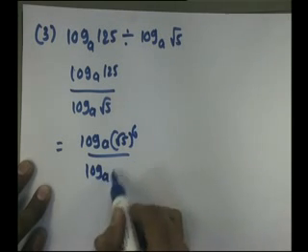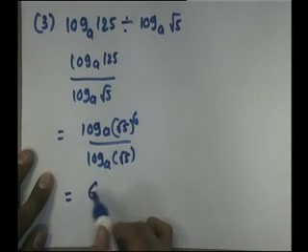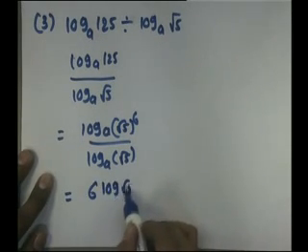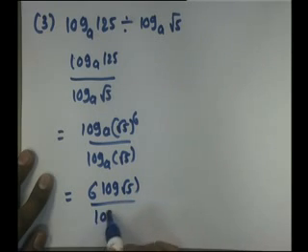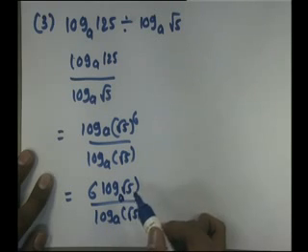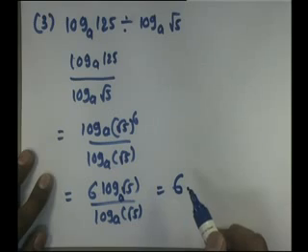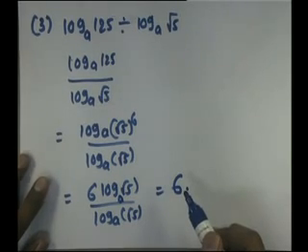So this is nothing but 6 times log base a of root 5 over log base a of root 5. That term will be cancelled out. So the answer is 6. Now we will discuss the presentation.